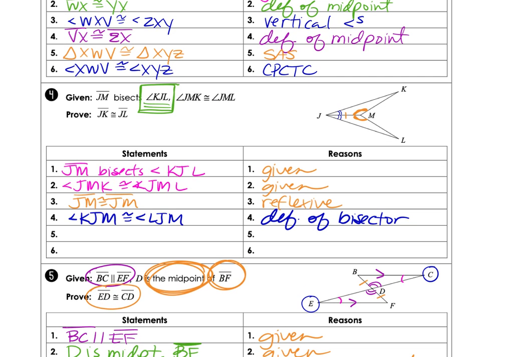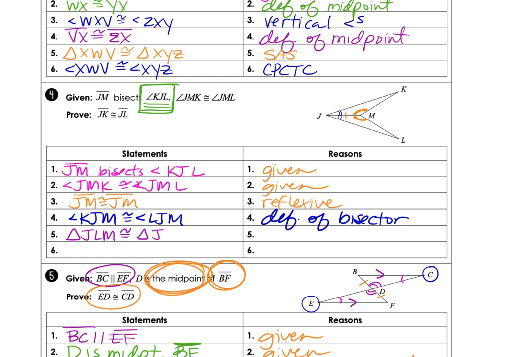Okay, now what? Step 5. JLM. What goes in front of JLM? Triangle. Okay, so the triangle, so if you say JLM is congruent to, then what triangle?